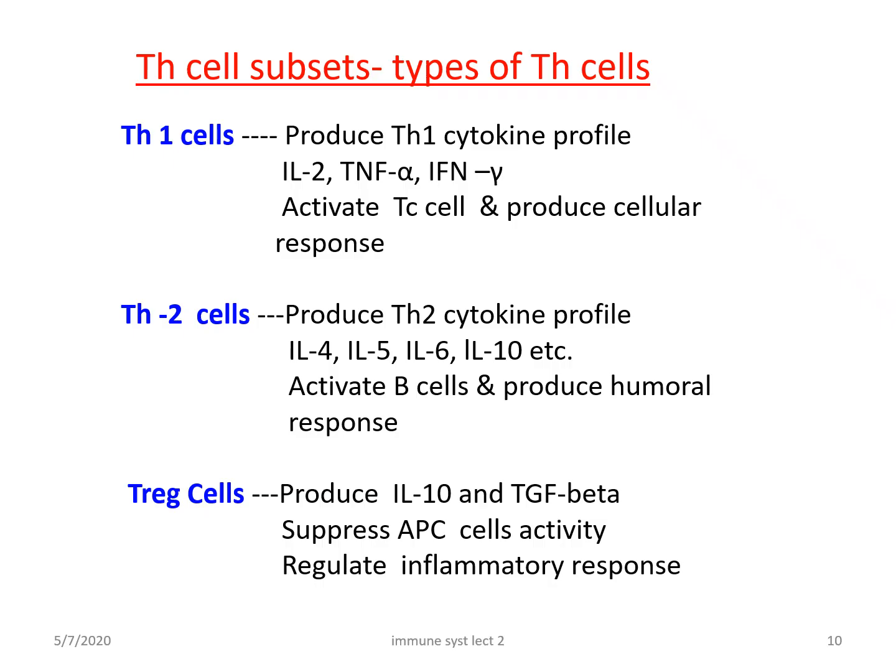So these are TH1 cells, and their very important role is that they activate TC cells, which then become cytotoxic T lymphocytes, that is the effector TC cell, and therefore produce cellular immune response.